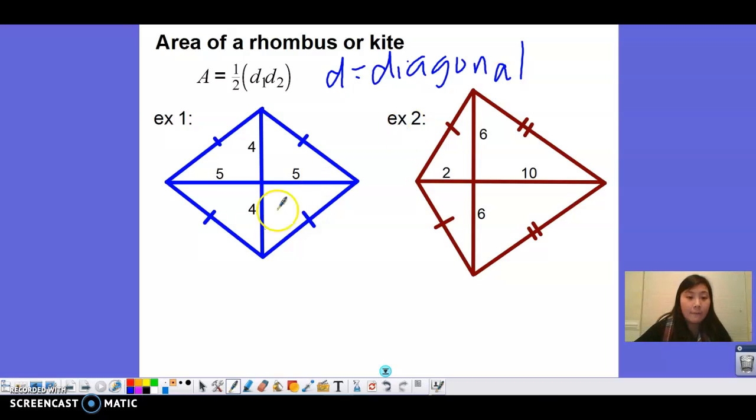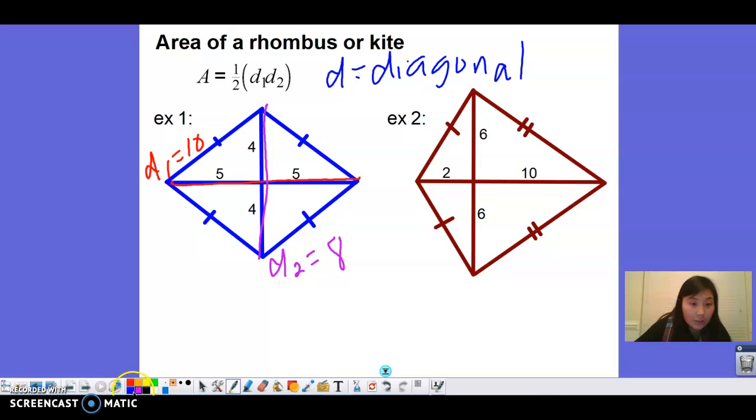and then multiply them by each other, and then multiply by 1/2. So if I look at this diagonal right here, this could be my diagonal 1, which equals 10, because 5 plus 5 equals 10. And in this diagonal, I can say that this is my diagonal 2, which is going to be 8, because that's 4 plus 4.